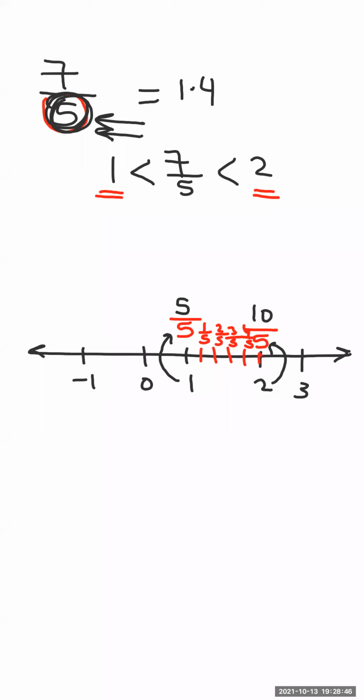Oh, sorry, no. Sorry, guys, I'm mistaken. Here, the next number, it's 5 over 5, so 6 over 5, 7 over 5, 8 over 5, 9 over 5. So where is 7 over 5 here now? 7 over 5, actually, it's this one. So this is my number. This one is 7 over 5.